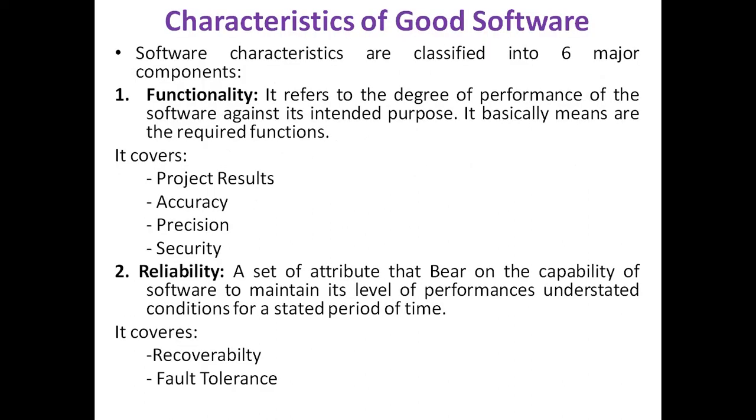Next, let's see the characteristics of good software. The software quality is classified into six major components so that, after analyzing the statistics of any application, we can say that our software has reached the highest quality, or that we have developed a high quality product that can increase the productivity rate or the profit of the organization that has been implementing this product.